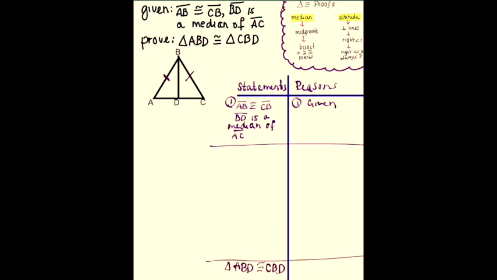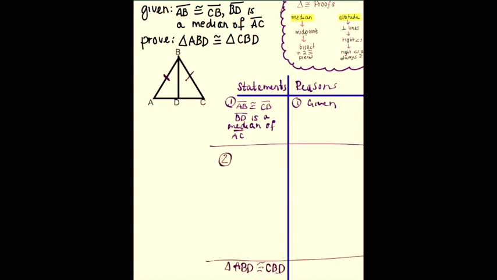The next thing that I could do is use my given information to create as many statements as I can. So I'm going to continue to mark up my diagram as needed as well. So the next thing that comes from the given is that BD is the median of AC.